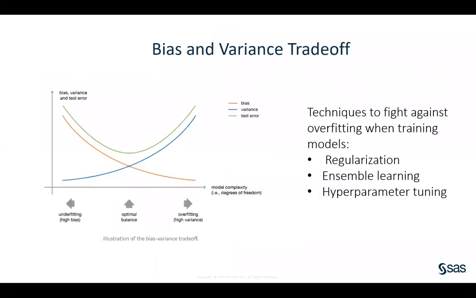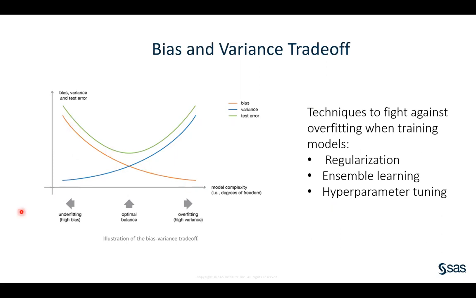To understand overfitting better, it is important to understand the variance and bias trade-off of models. As models get more complex, as you see in this x-axis, which is the complexity, their variance, shown in the blue curve, increases. On the other hand, as complexity increases, their bias decreases.